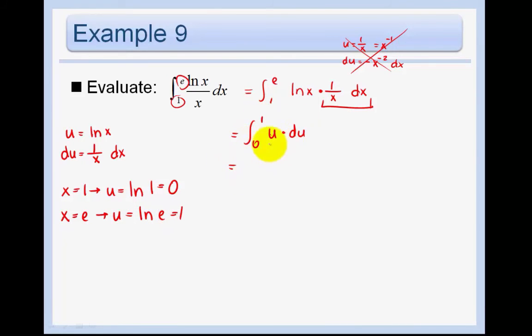So this problem, which looked difficult, becomes one of the easiest ones we've done. The antiderivative of u is just u squared over 2. Done.